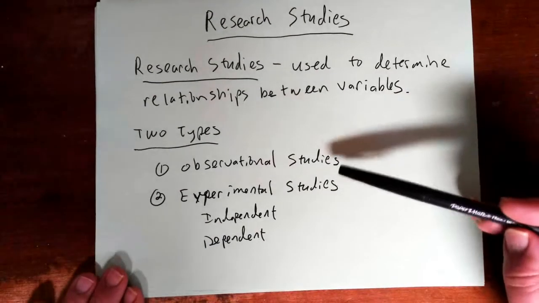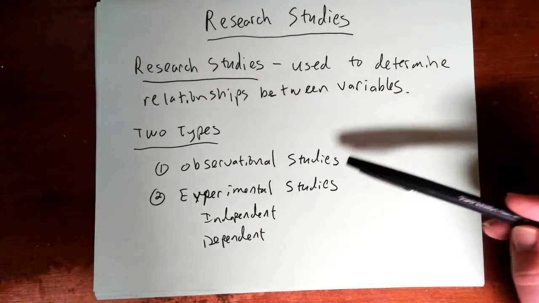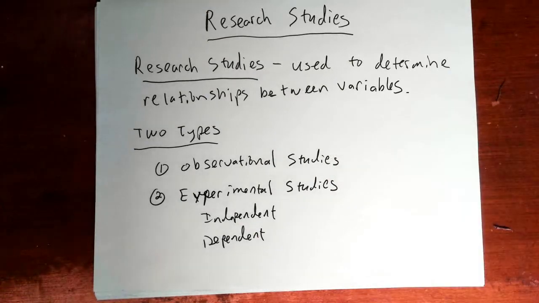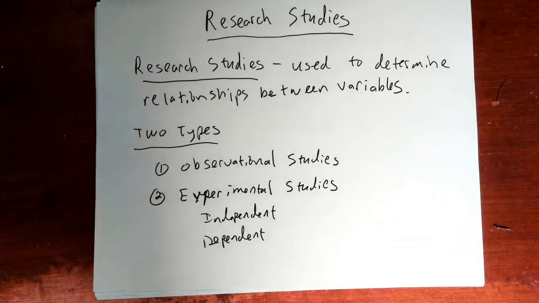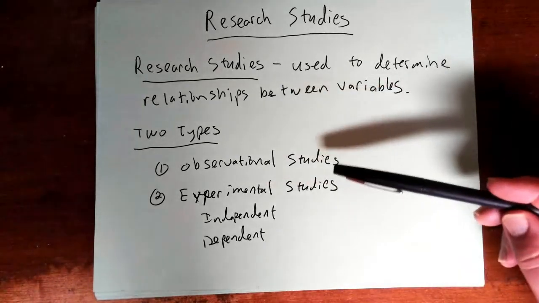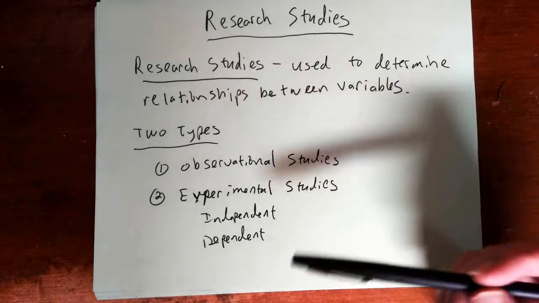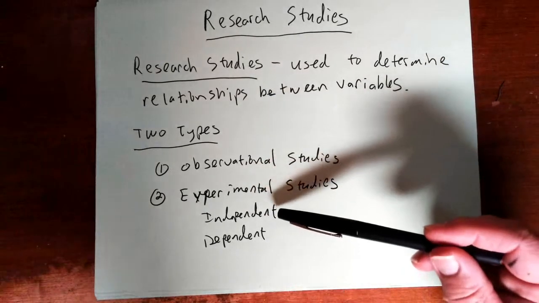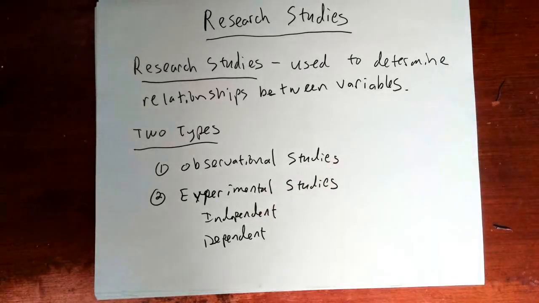Okay, so technically in an observational study, those don't apply. An observational study isn't necessarily going to have an independent or a dependent variable. Those are just for the experimental studies. So with the homework, you'll determine whether it's observational or experimental, and then there's problems where they give you an experimental study, and you're going to determine what the independent and dependent variables are.